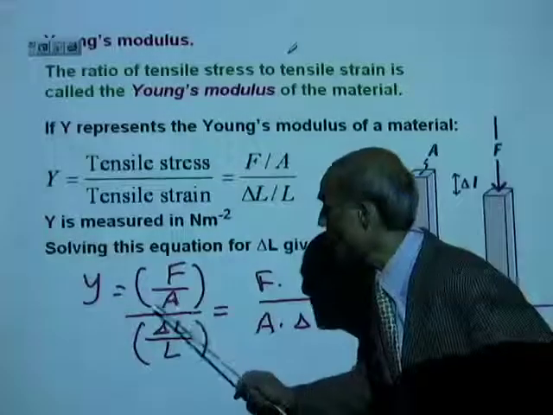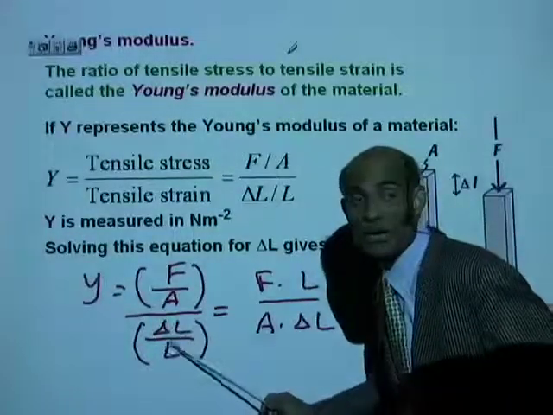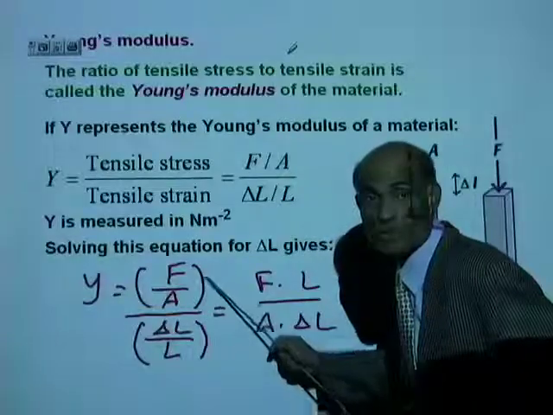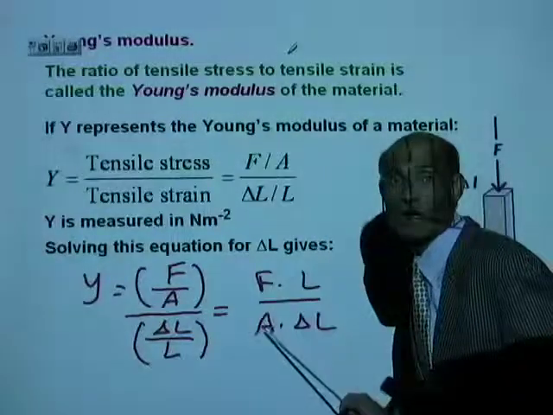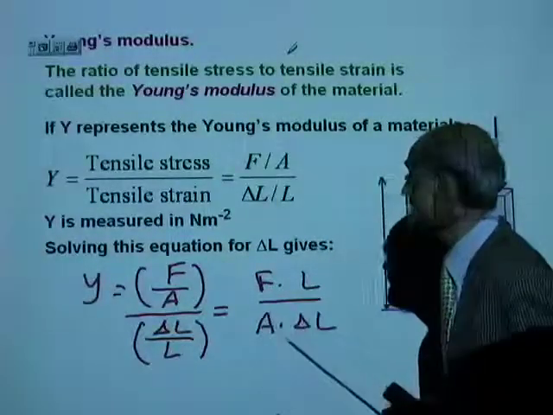F over A divided by delta L over L, this L will go up. F times L over A times delta L.